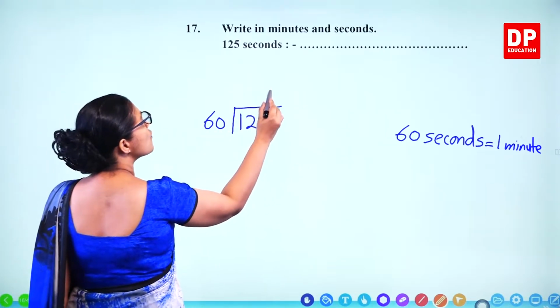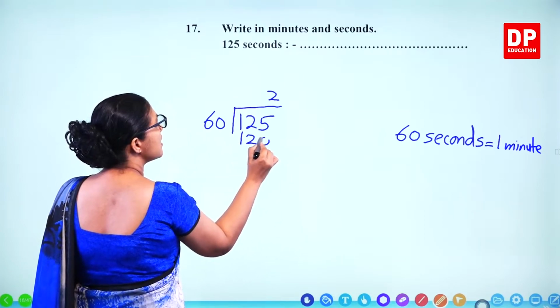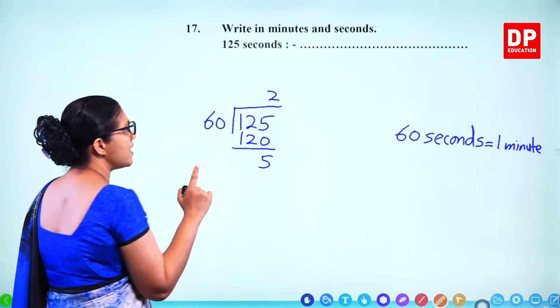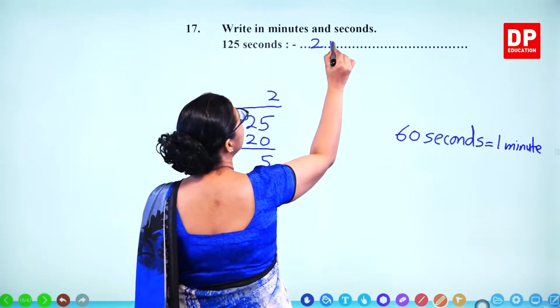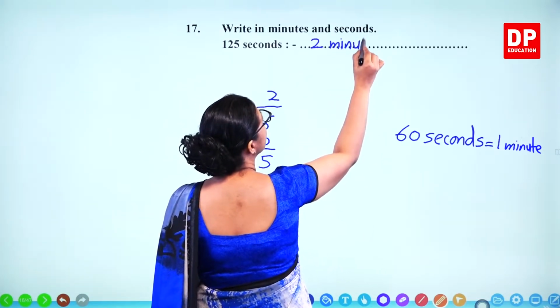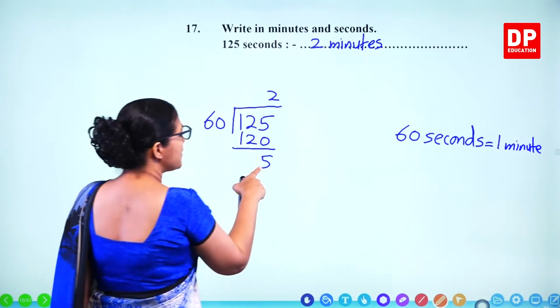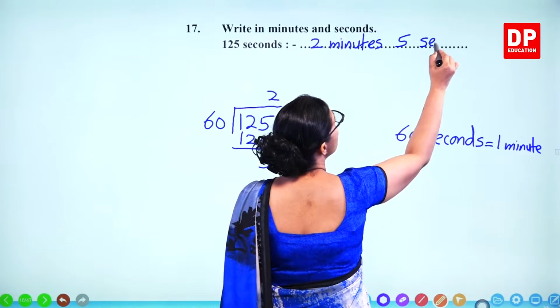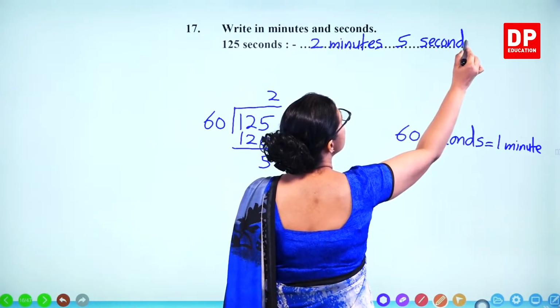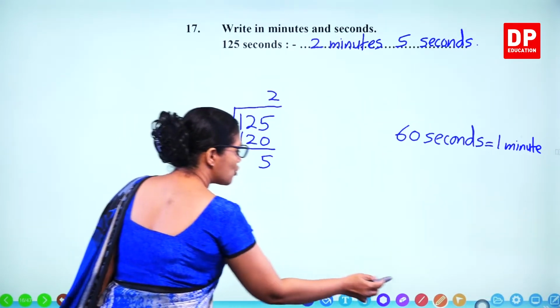So 60 times 2, 120. So you get 5 remaining. So how you write down this? 2 minutes and 5 seconds remaining. So here 2 minutes and 5 seconds. 2 marks for that.